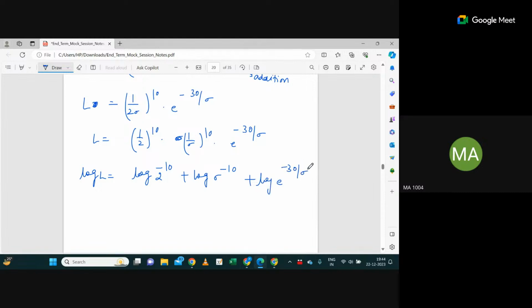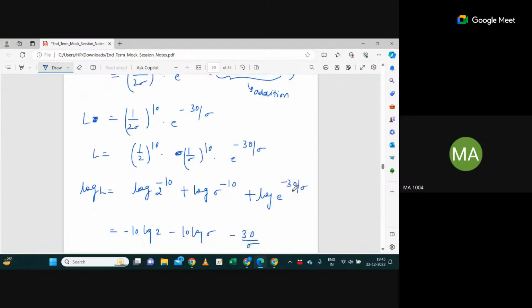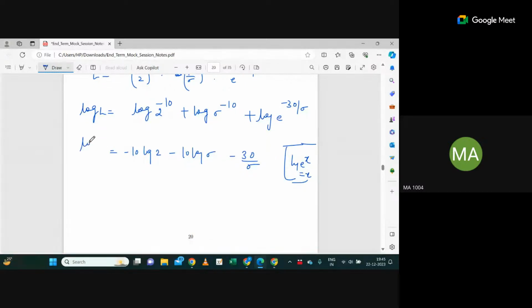Any doubt? These I can write as minus 10 log 2 minus 10 log sigma minus 30 by sigma, because log of e raised to the power x is nothing but x, and instead of x I have minus 30 by sigma. Is this clear?